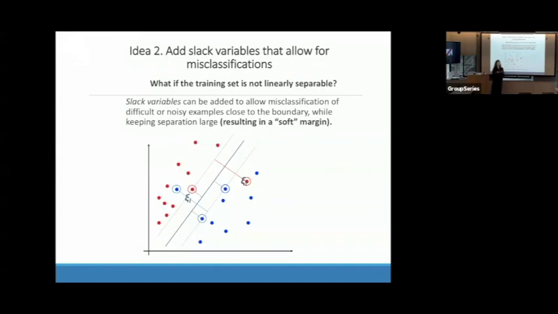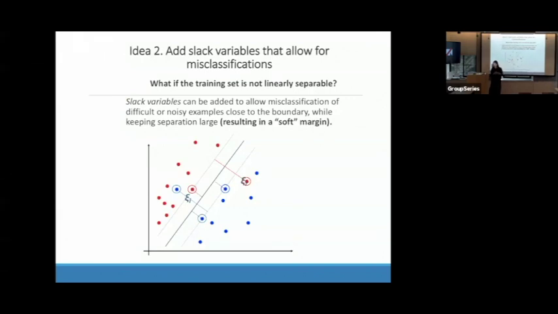And so the next step is to say, okay, I still want to maximize the margin of the separation between the two classes, but now I can add these slack variables, and this means that I can allow for misclassifications, and misclassifications will pay a price, a penalty.